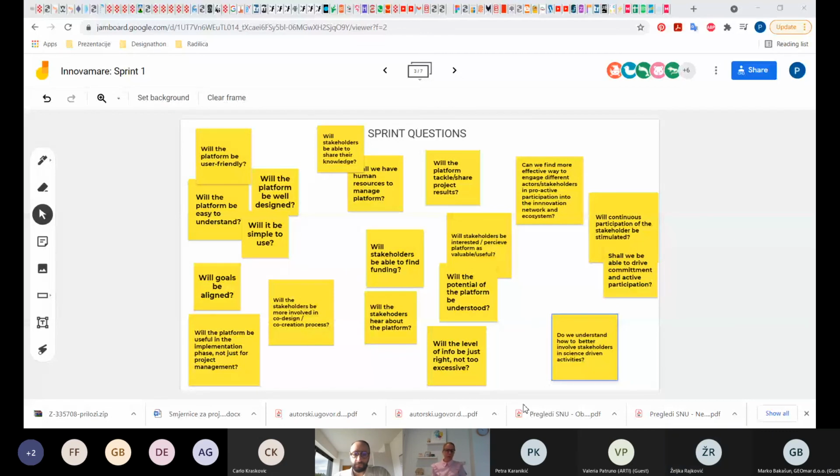So basically the sprint is supposed to add on to this because they will come with the solutions that they have and offer, and try to sell the platform through collaboration.